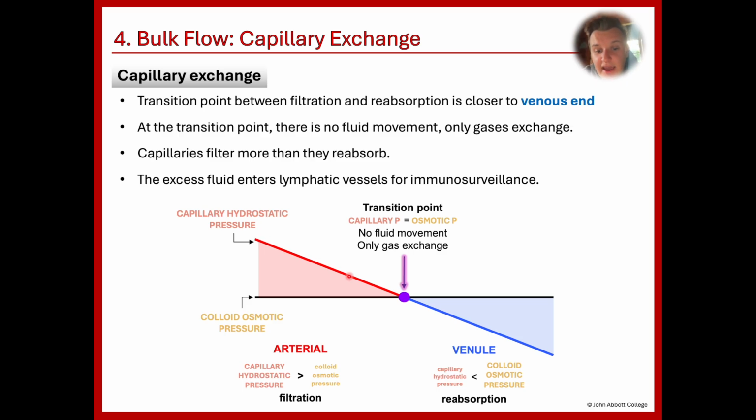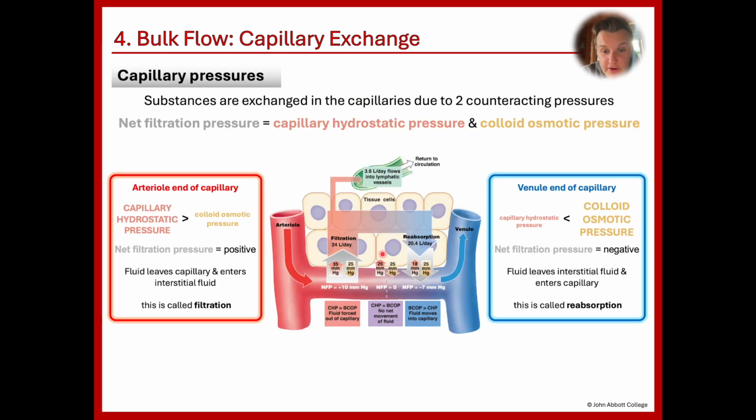Then this goes down, and as you get to the middle-ish, closer to the venous end actually, of the capillaries, this is called the transition point because the capillary pressure, this pressure here, is equal to the osmotic pressure, and there's actually no fluid movement. At the transition point, there's no fluid movement because this pressure over here, 25, is the same as this pressure here, 25, so there's no net movement.